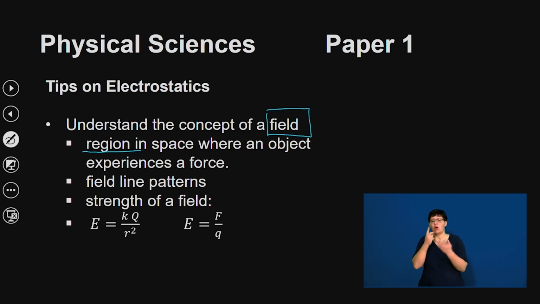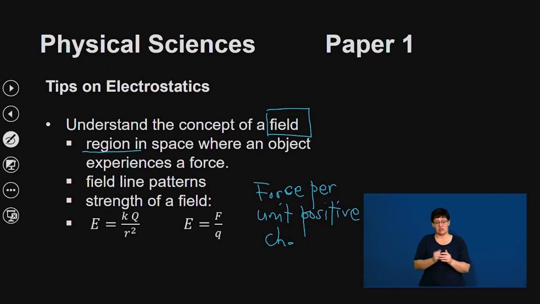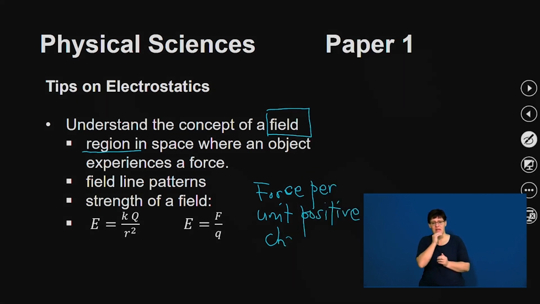But if we talk about electric field strength, we're talking about the force that will be experienced per unit positive charge. So force per unit positive charge, right? If we talk of a unit positive charge, we are actually talking about a test charge, which is 1 coulomb of positive charge.